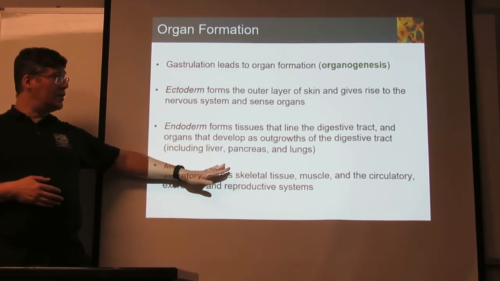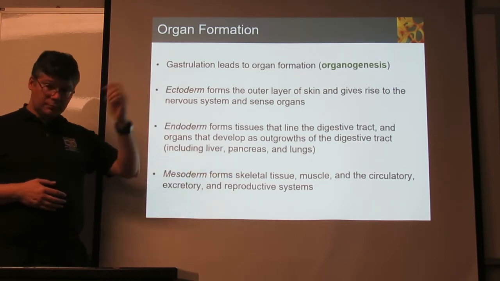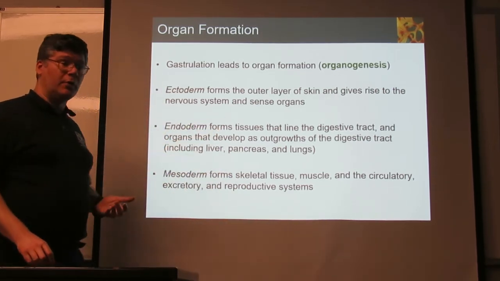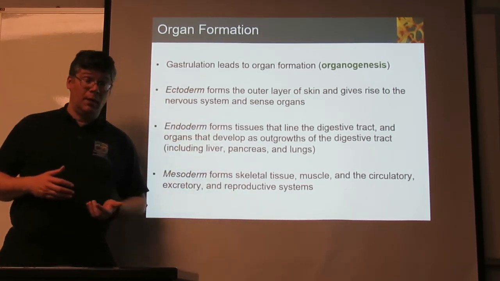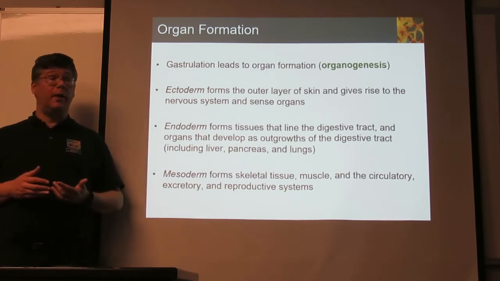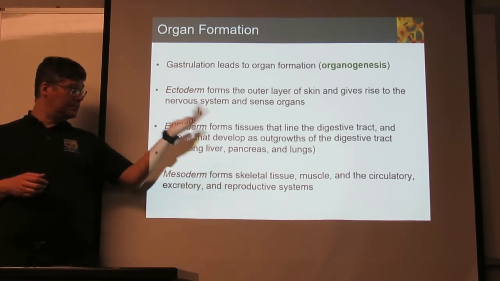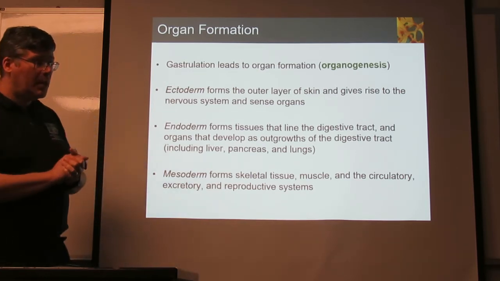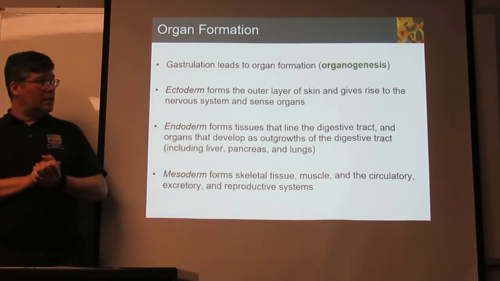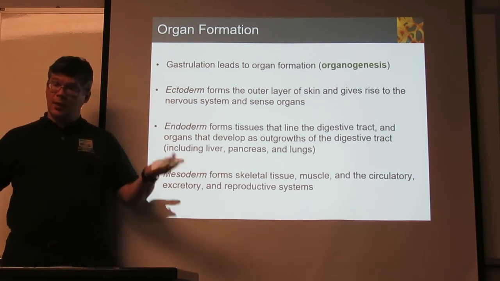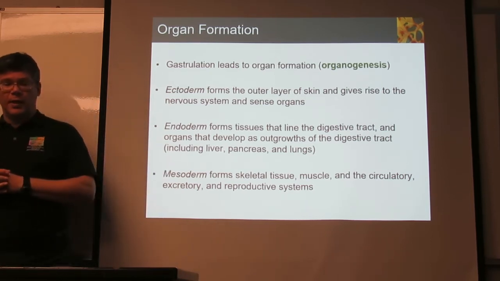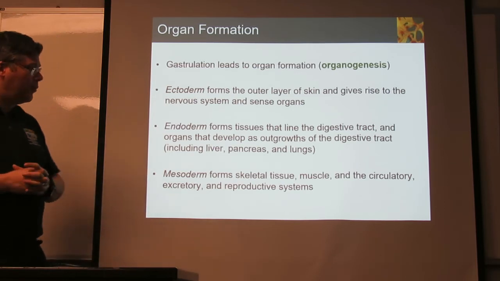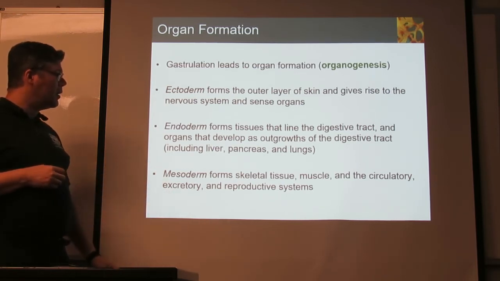Mesoderm fills in the stuff in between. So, in vertebrates, the skeleton and the muscles are primarily from mesoderm. Much of our connective tissues, the circulation, reproductive and excretory systems.